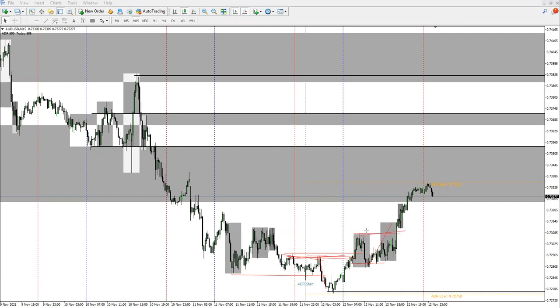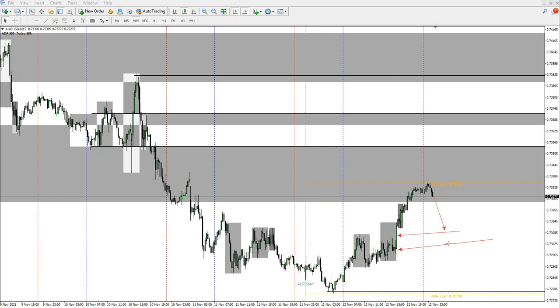We break this one as well. From this point onwards, on the lowest time frame, which is the 15-minute, I am now looking for buys. As I'm looking for buys, I'd like to put your focus on these candles here. After this short range, we've got an order block, and in here we've got a fair value gap.